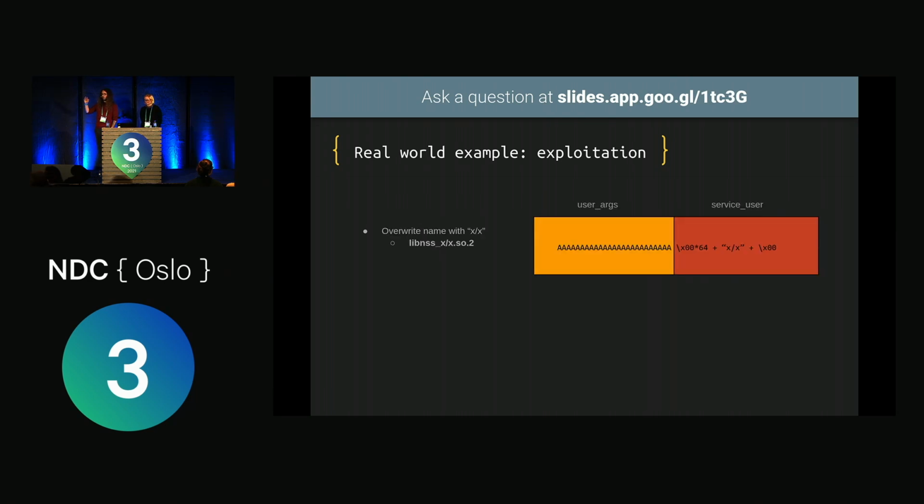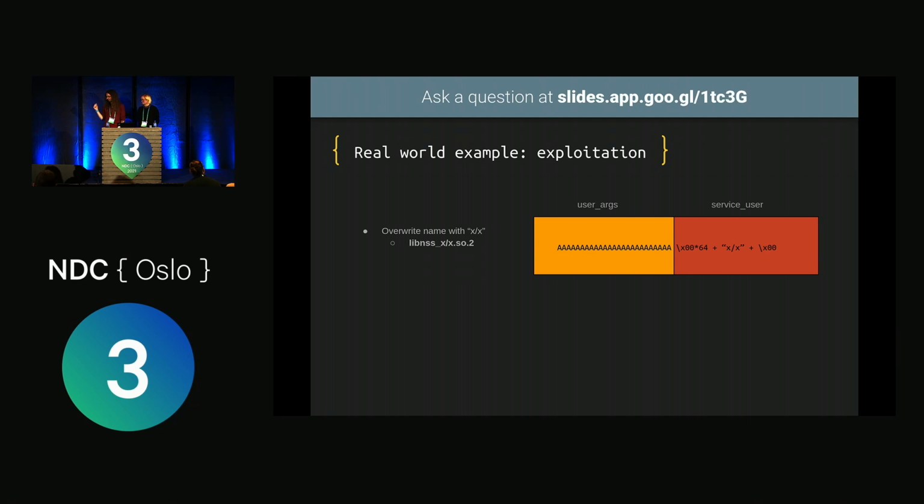Yeah, so this is our goal, right? We have this user args buffer, which is stored on the heap, and we're copying a bunch of garbage from the environment variables. And what we want to do is set the library pointer to null, and the name to, in this case, x/x.